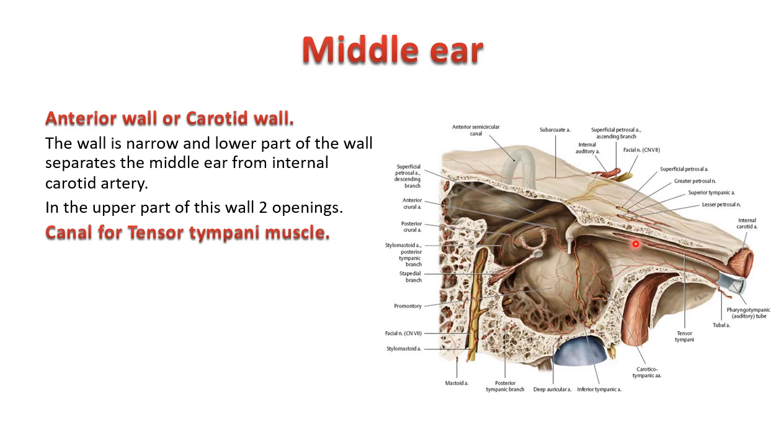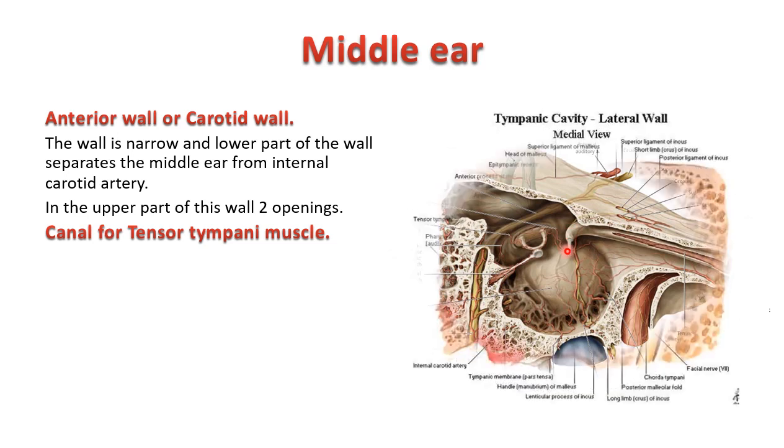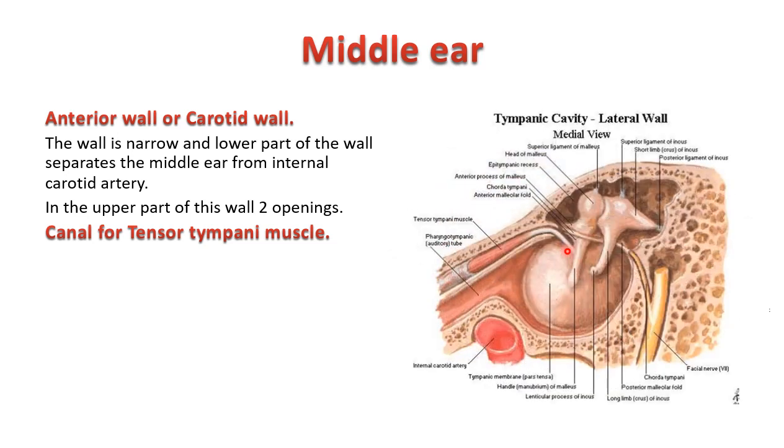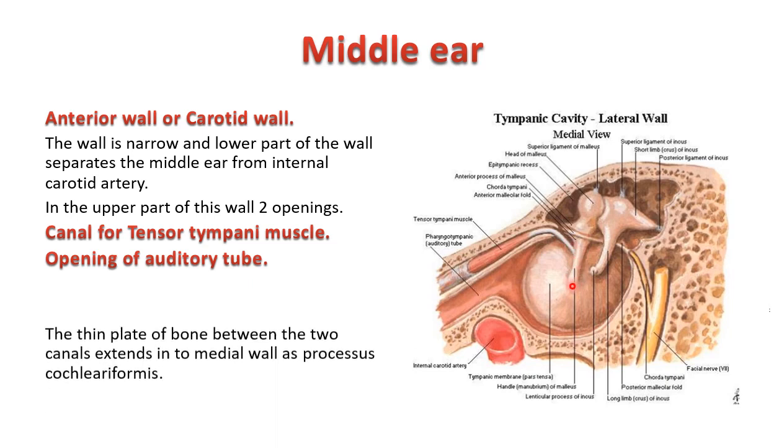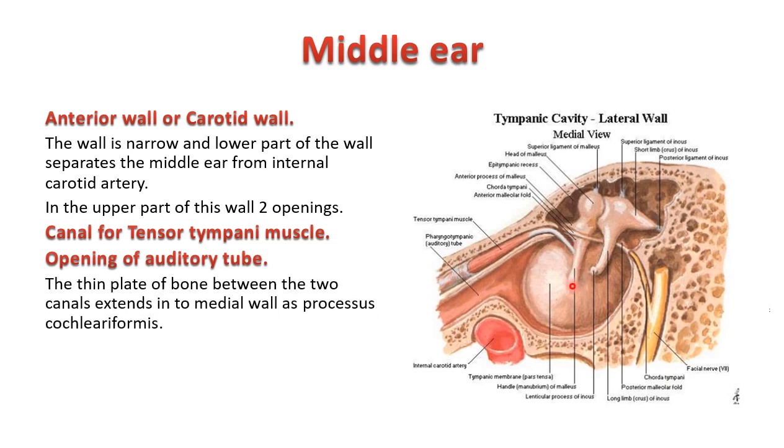Both are separated by a very thin plate of bone, and at the canal for tensor tympani, the bone forms a hook-shaped process called the processus cochleariformis. Through the canal the tensor tympani muscle enters, and the tendon of tensor tympani will wind around the processus cochleariformis and get inserted into the malleus.